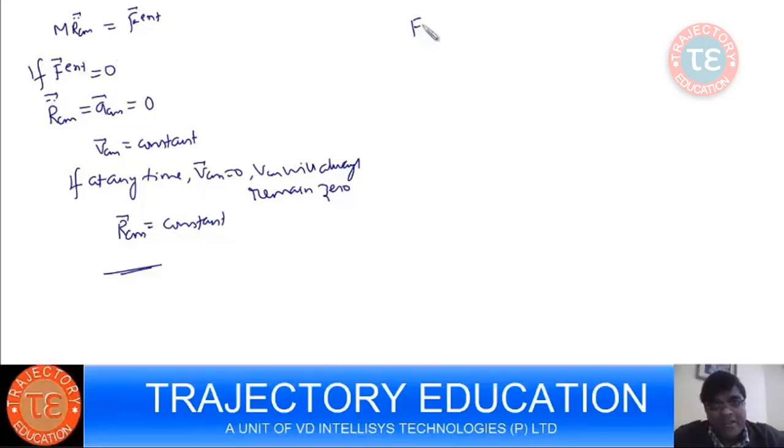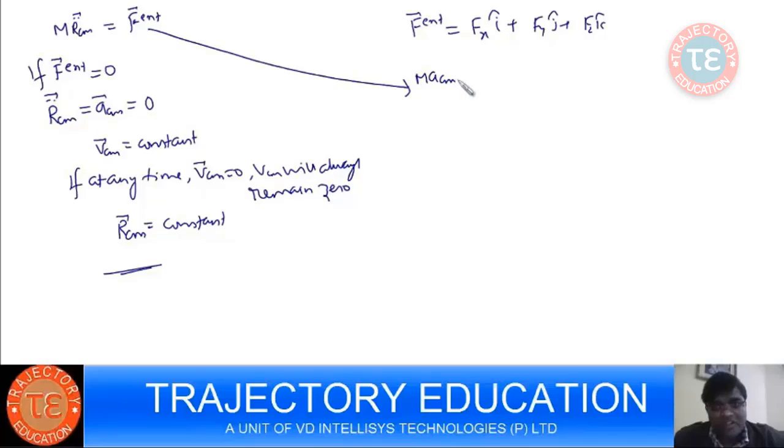Suppose Fext can be written as Fx i, Fy j and Fz k. Then this vector equation reduces to M A_CMx, the x component of the acceleration of the center of mass, equals Fx, M A_CMy equals Fy, and M A_CMz equals Fz.